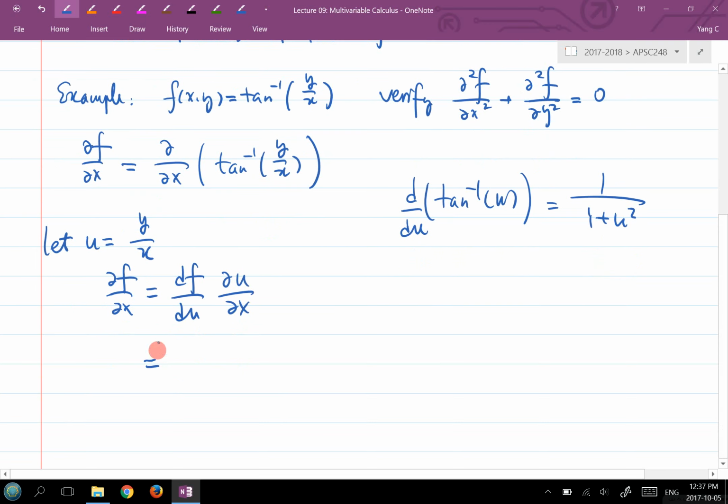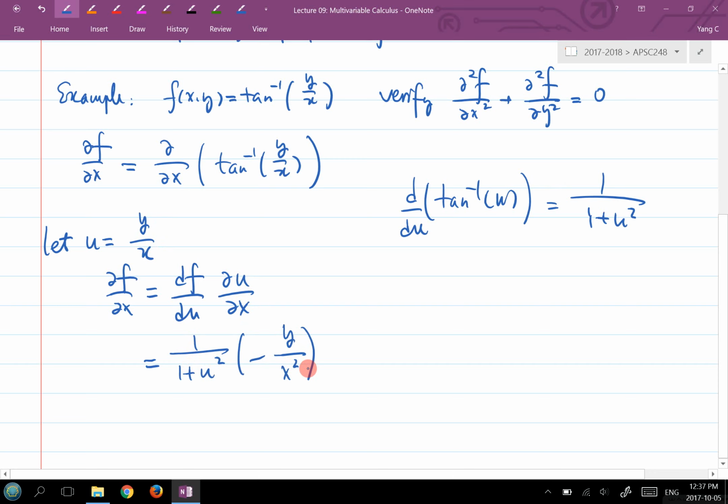So df over du is basically this term here, 1 over 1 plus u squared. And for partial u over partial x, this is where you need to fix y as if it's a constant. Then you get negative y over x squared.